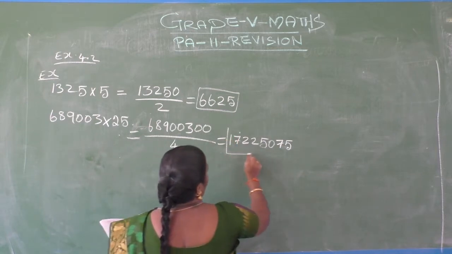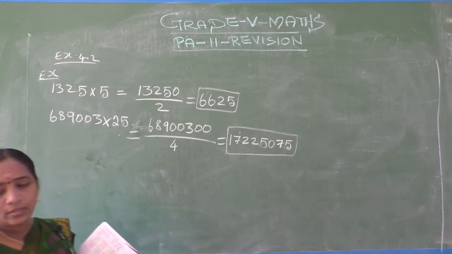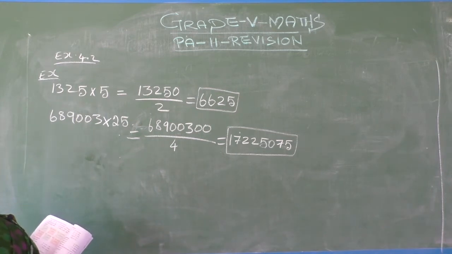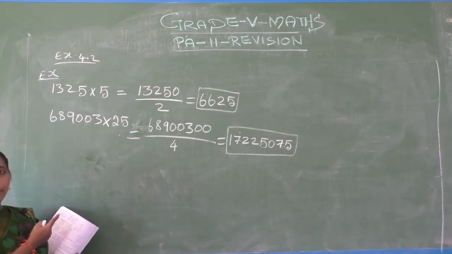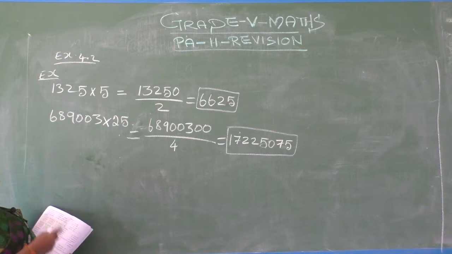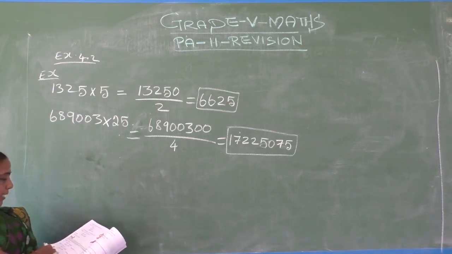So the answer is this much. Likewise, you have to do the shortcut of multiplication. You know how to multiply by 125 and 625 also.